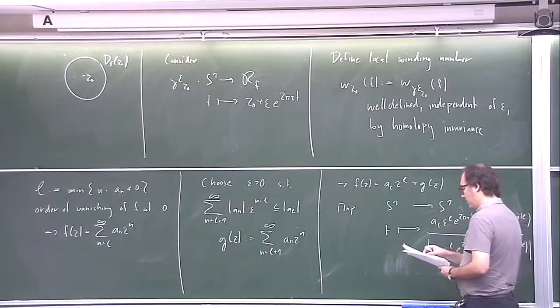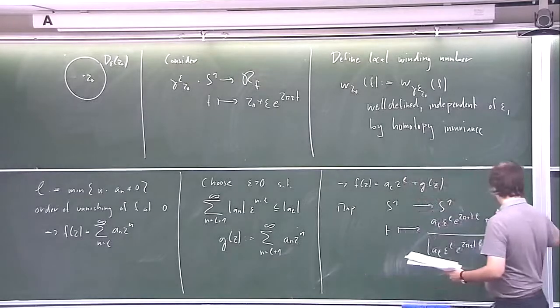And this map is homotopic, so we can homotope G away.